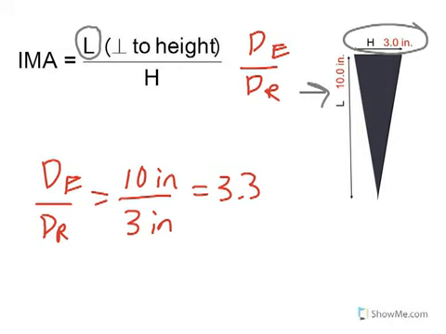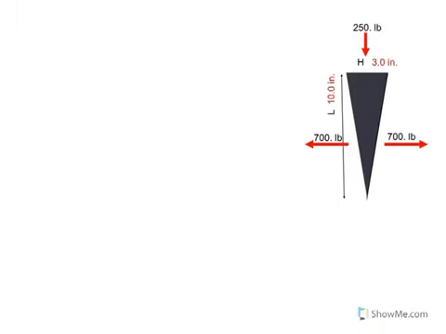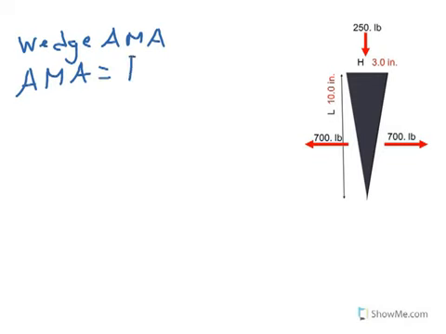Now that we've done the ideal mechanical advantage of a wedge, there's only one thing left to do, the actual mechanical advantage of a wedge. My wedge actual mechanical advantage formula is the same formula I've used for every other simple machine. We have our actual mechanical advantage being equal to my force of resistance over my force of effort.